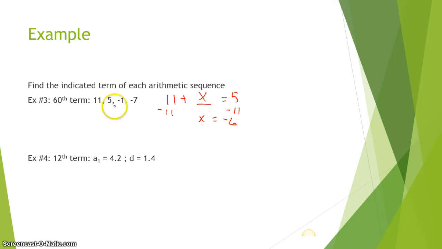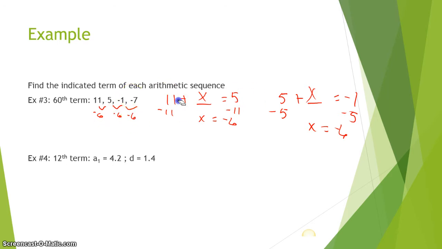I can see if it's an arithmetic sequence by looking at 5 plus a value equals negative 1. If I subtract 5 to each side, negative 1 minus 5 is going to give me also x equals negative 6. So what is the common difference between each term here? You are subtracting 6.